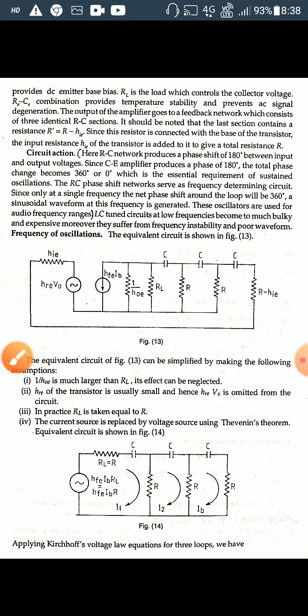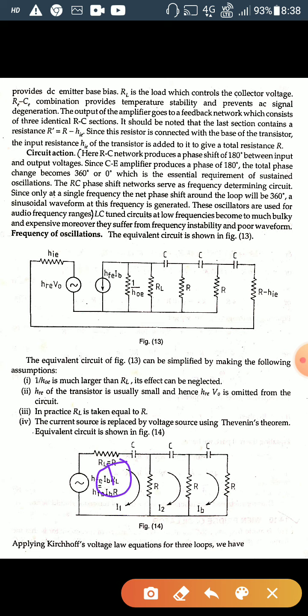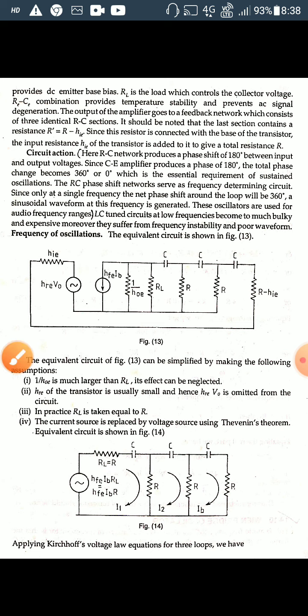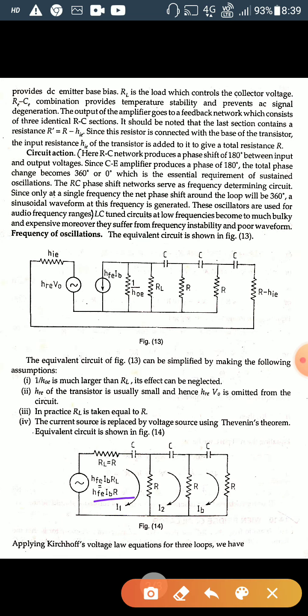If you consider the first loop and apply KVL, the voltage is h_fe I_B R equal to R into I1 plus 1 by jXC into I1, minus R into I2, because this one is in the opposite direction, so it is minus.